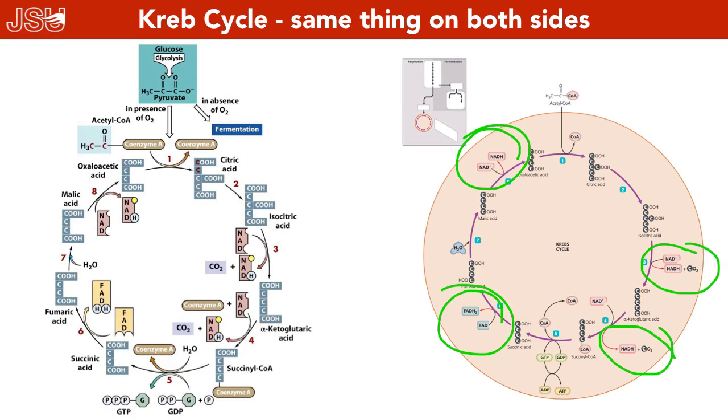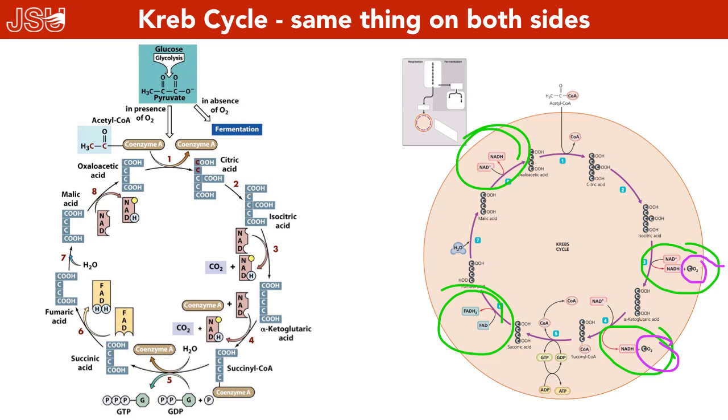But we're also doing something else. We are removing carbon dioxide as well. We have to remove carbon dioxide. This is the other reason why you breathe out carbon dioxide. The Kreb cycle, as it happens in the mitochondria, will pull out carbon dioxide in the process.